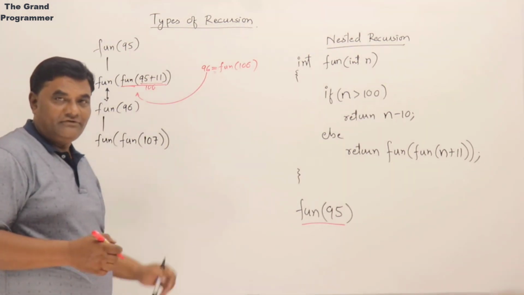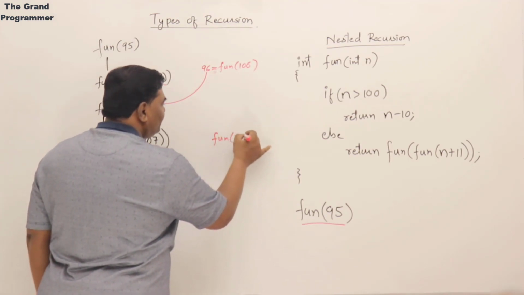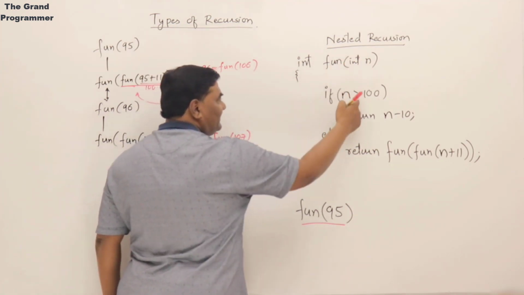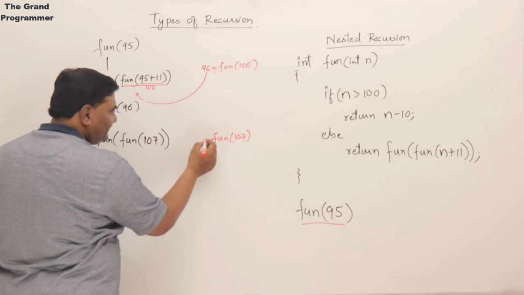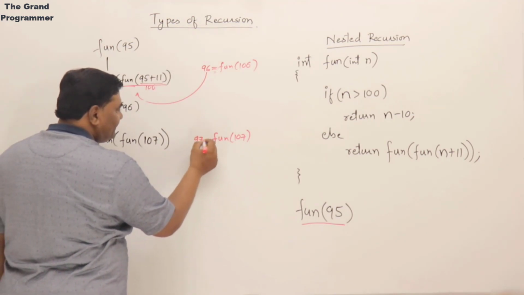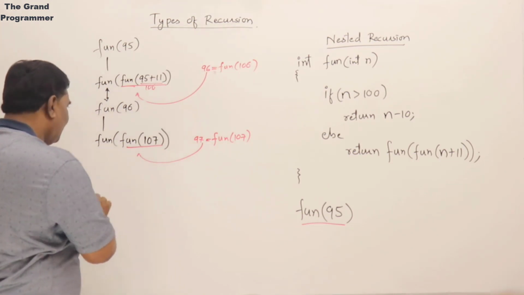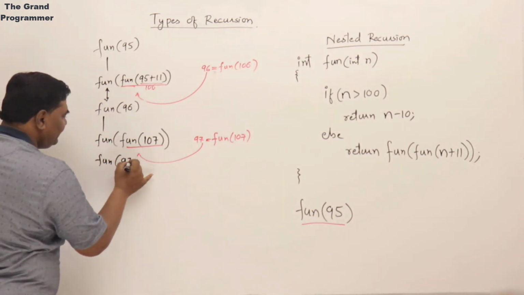So let us find out fun of 107 here. When n is 107, 107 is greater than 100, so it returns 107 minus 10, so this becomes 97. So this is the result of this function call. So actually this function becomes now fun of 97.